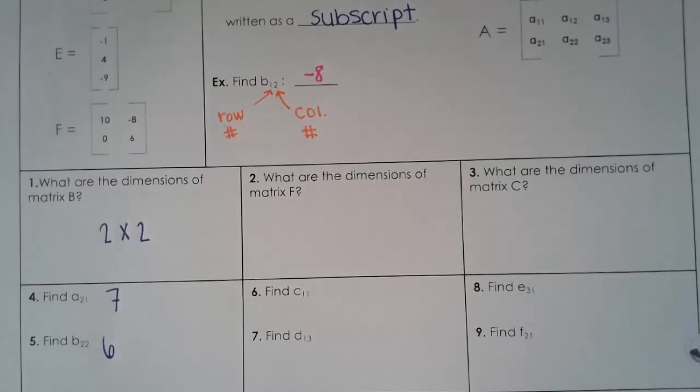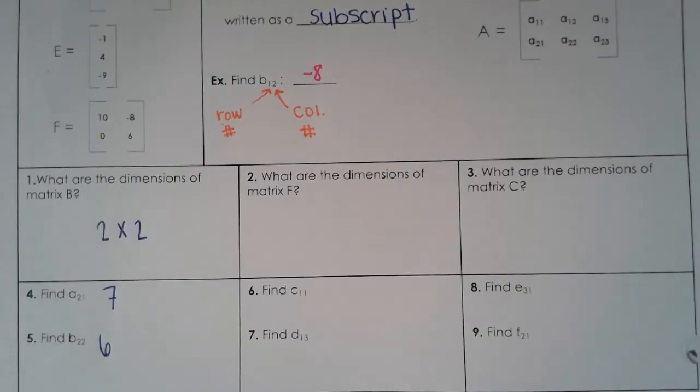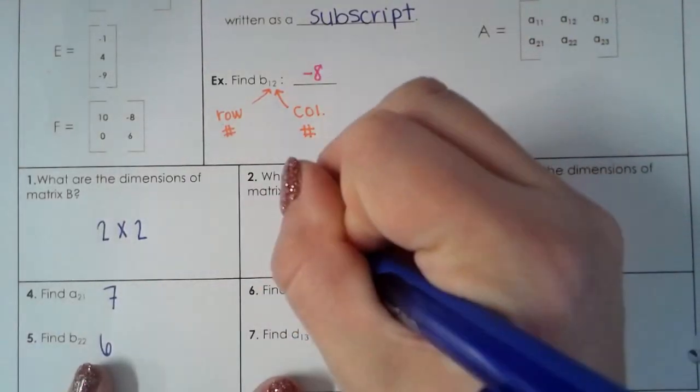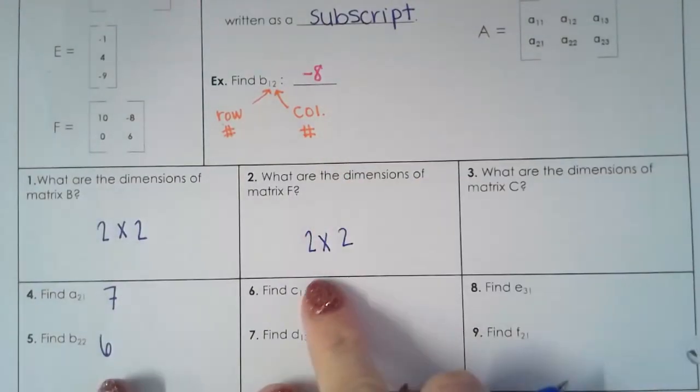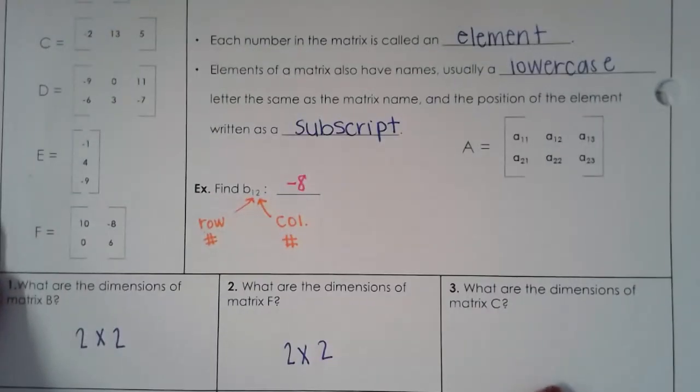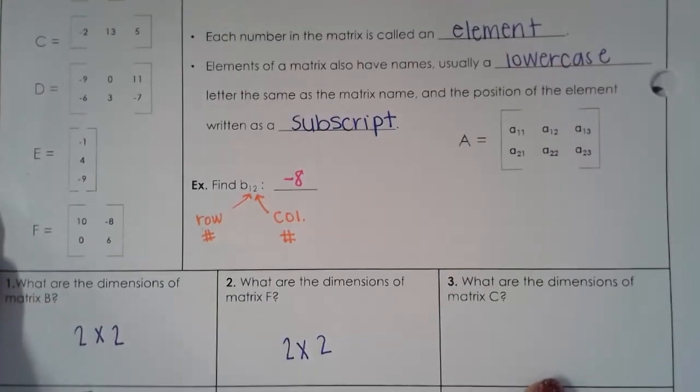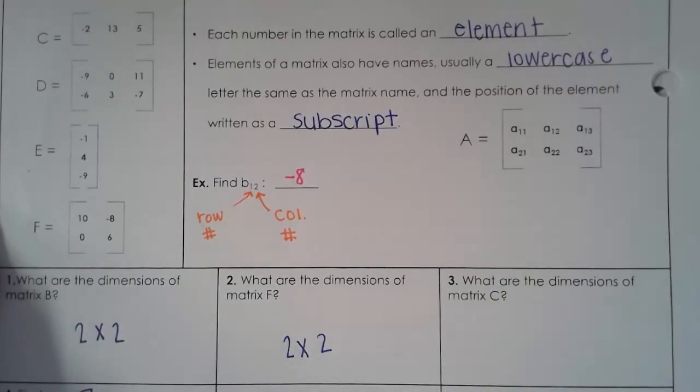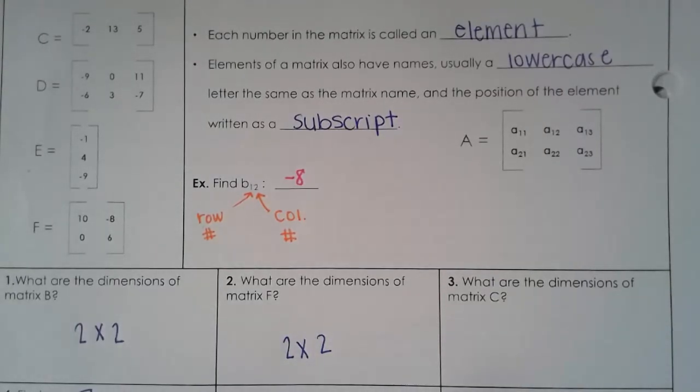Pause the video and work out the rest of the questions on this page. Okay, F, you should have got 2 by 2. It's a pretty easy one. C is one of the ones that will always mess people up. So if you look at C, rows go left and right.